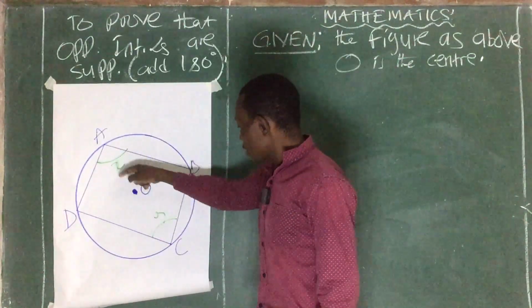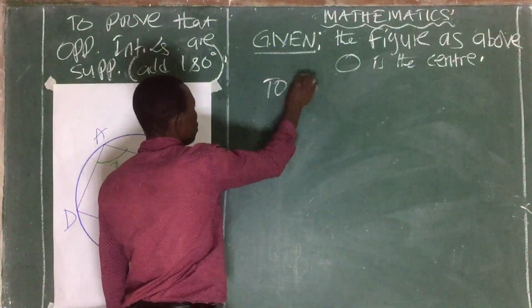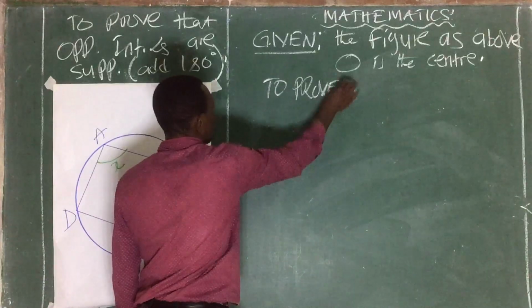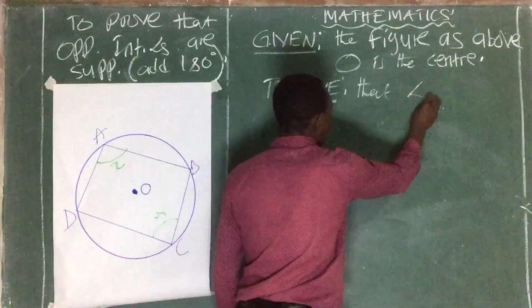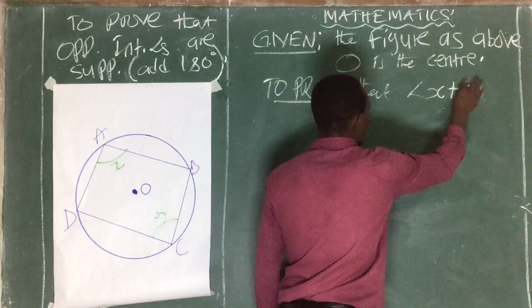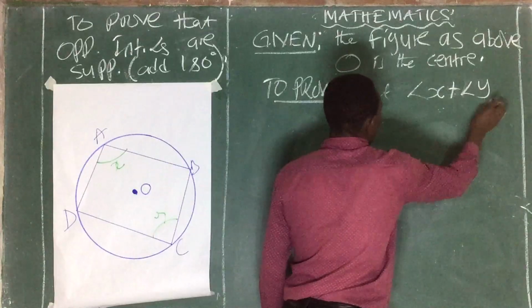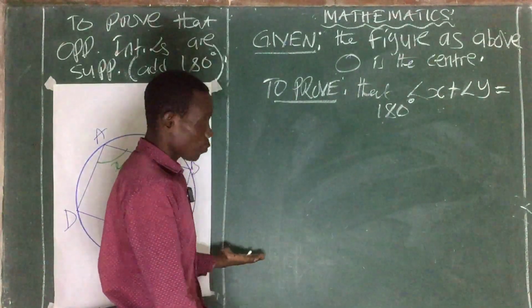So here we are referring to this and this angle, and we are going to indicate that I want to prove that angle X plus angle Y is equal to 180 degrees. That's what we need to do.